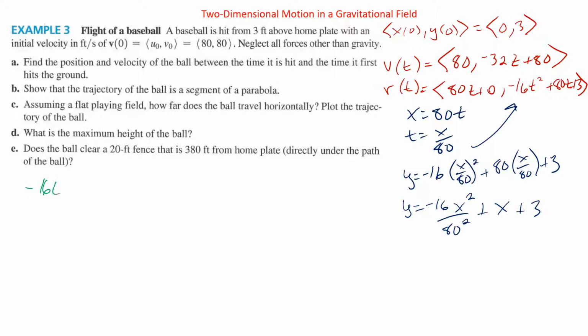Negative 16t squared plus 80t plus 3 equals 0. And we can solve for that. We would end up using the quadratic formula, and we find that t is going to be about negative 0.037 and 5.037.